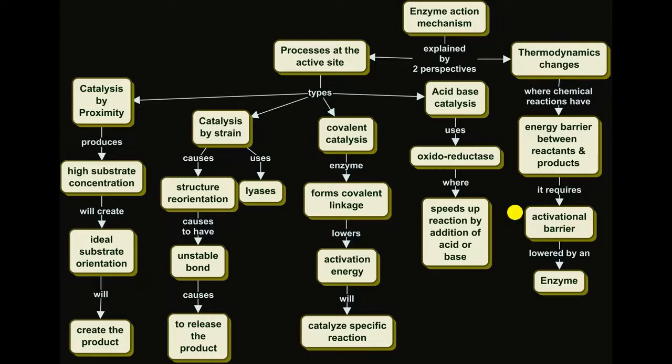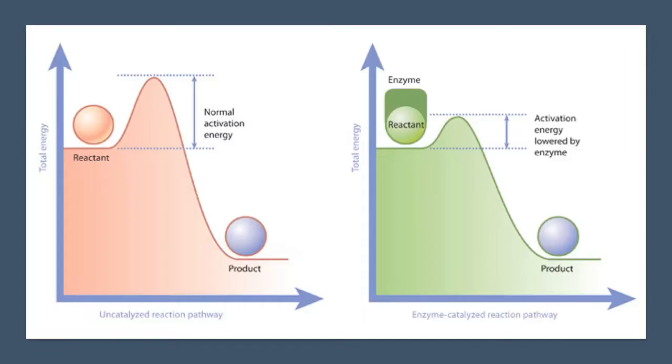That energy barrier requires activation energy for the product to form spontaneously, and that activation energy barrier can be lowered only by means of an enzyme. There are 2 illustrations here. The other one has the normal activation energy, and this is the energy barrier that will be lowered by the use of an enzyme.